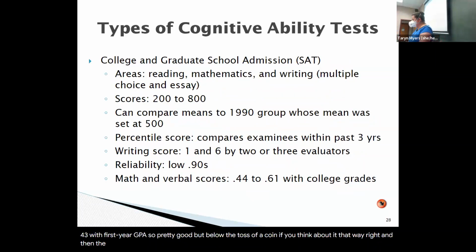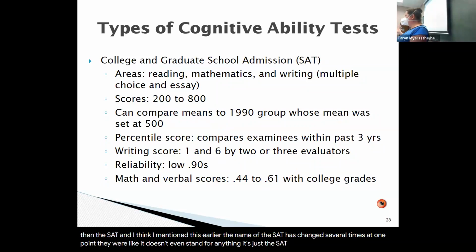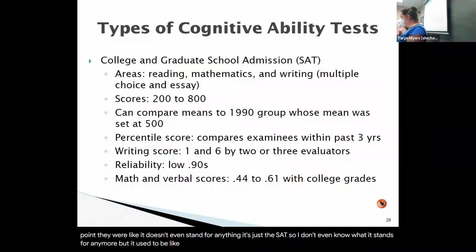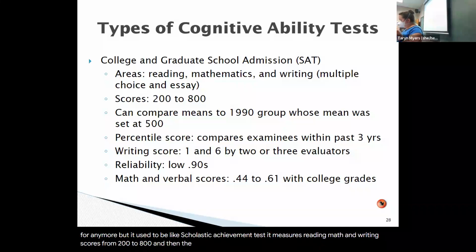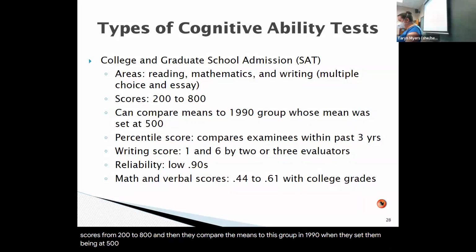And then the SAT. And I think I mentioned this earlier, the name of the SAT has changed several times. At one point, they were like, it doesn't even stand for anything, it's just the SAT. So I don't even know what it stands for anymore, but it used to be like Scholastic Achievement Test. It measures reading, math, and writing. Scores from 200 to 800, and then they compare the means to this group in 1990 when they set the mean at 500.